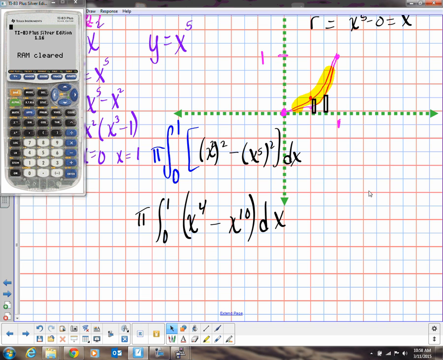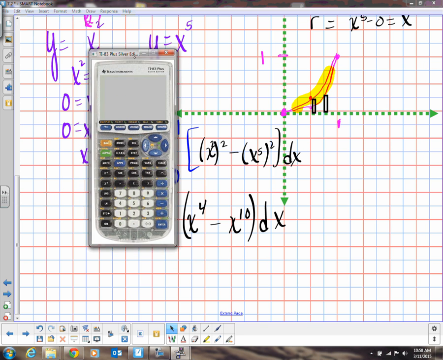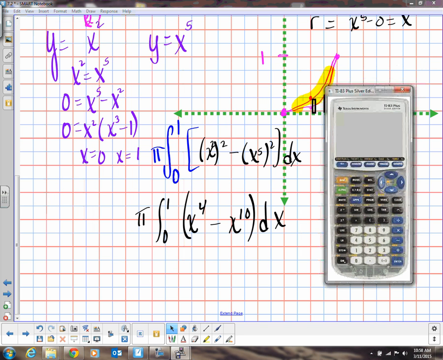All right, you ready? We are going to grab the calculator, turn it on, and go to y equals. I believe pi is above the caret key. So we're going to do second pi.